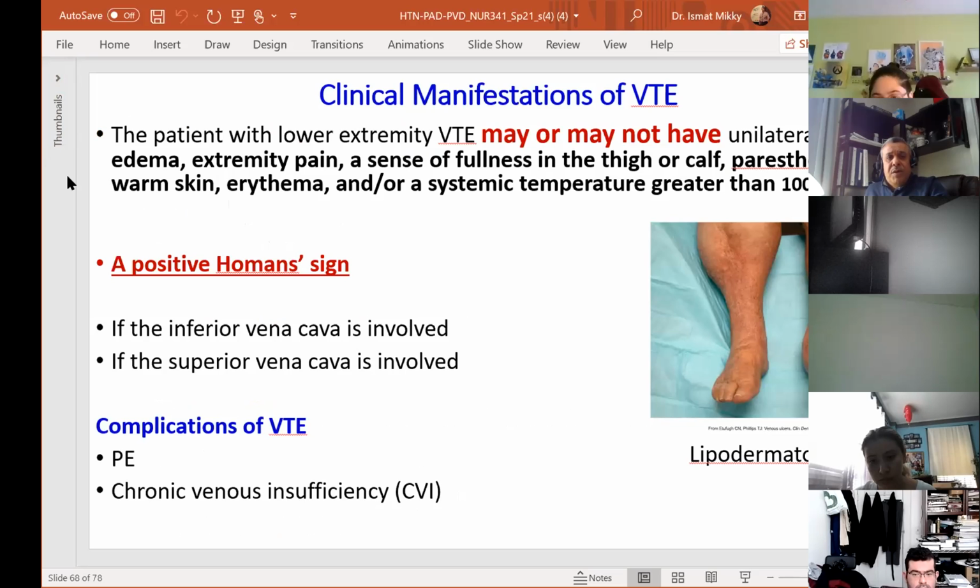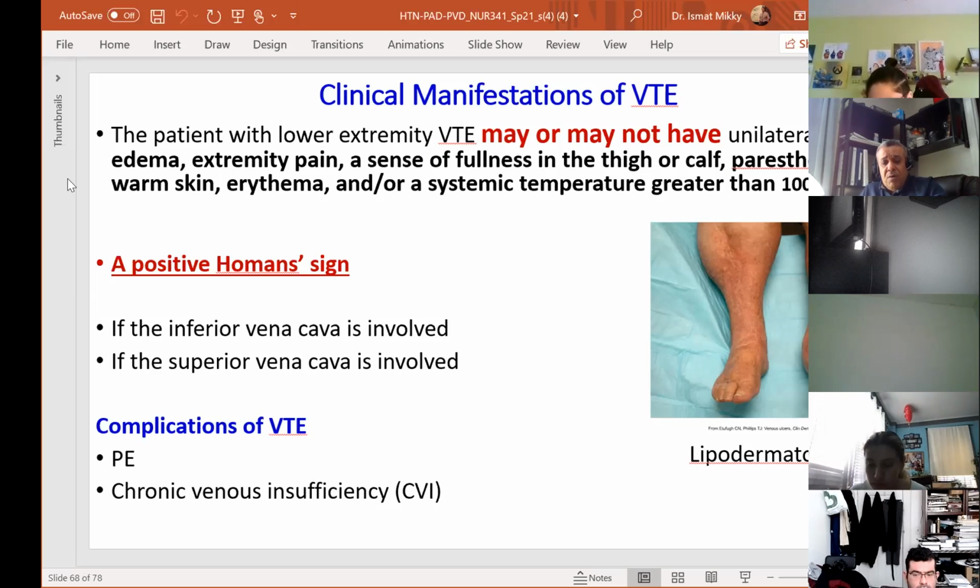Here is a picture of dermatosclerosis, which is scarring tissue, where the skin on the lower leg becomes scarred and the leg becomes like an inverted bottle.